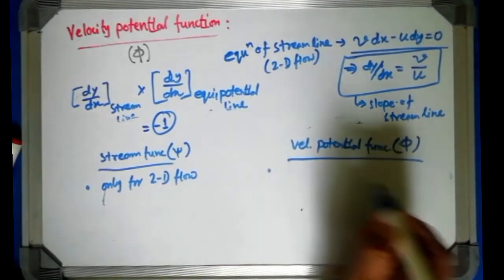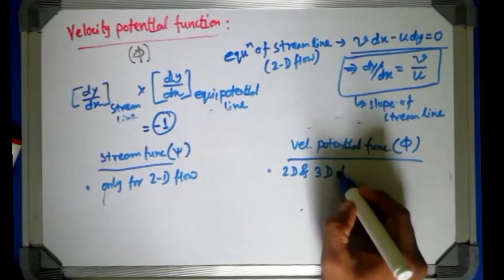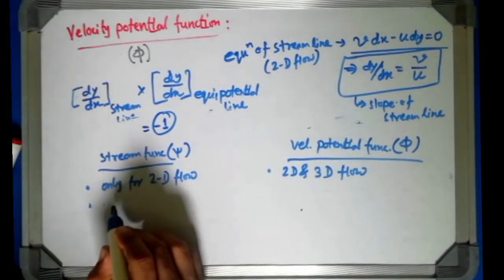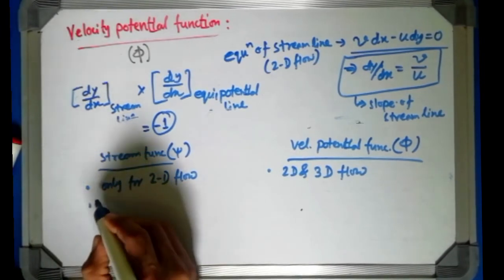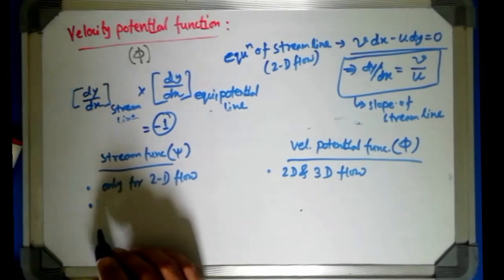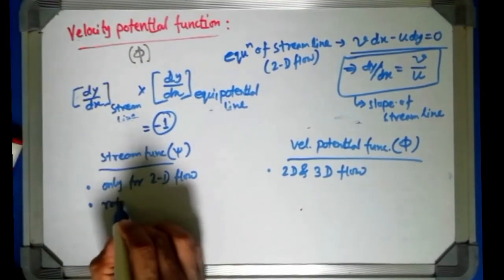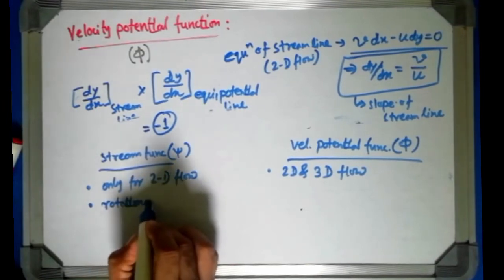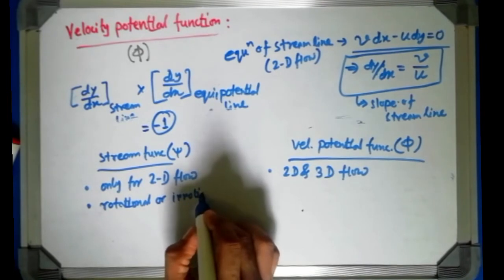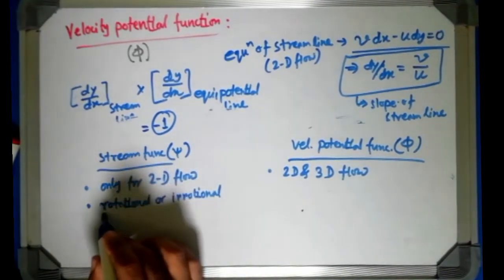But velocity potential function can be used for both 2D and 3D flows. Now coming to stream function, it can be applied for rotational flow as well as irrotational flow, both cases.